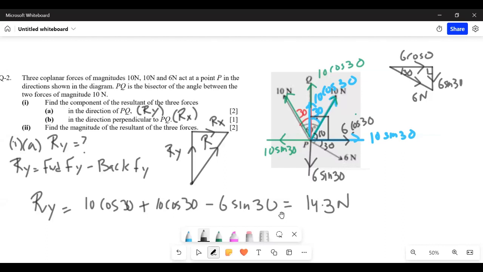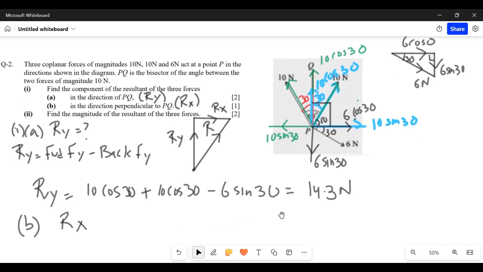For part B, you're actually being asked to find Rx because that's the component perpendicular to the component in part A1. So perpendicular to Ry is Rx. For this again, forward forces in the x direction minus backward forces in the x direction.